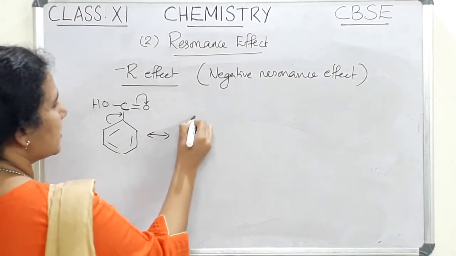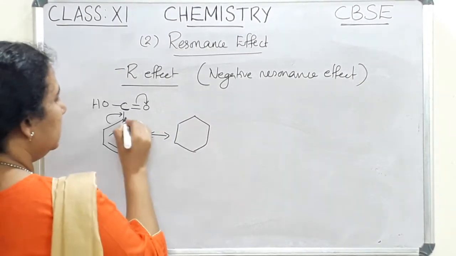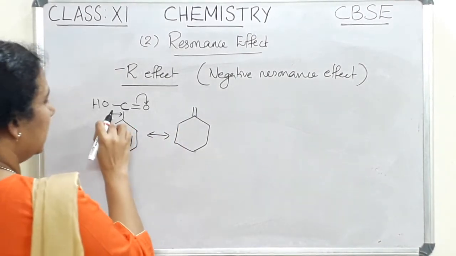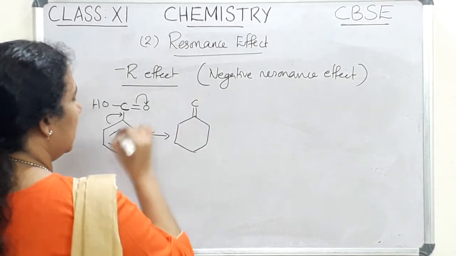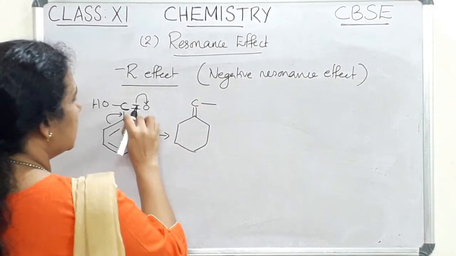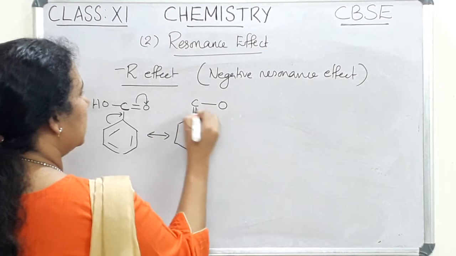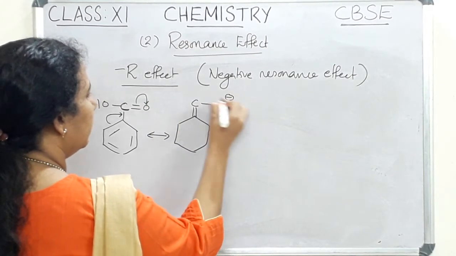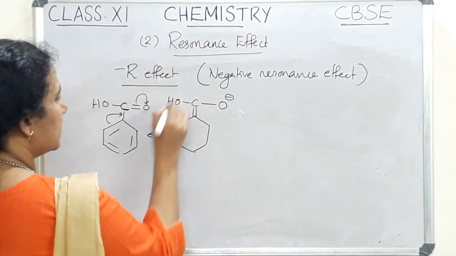So the first structure will be, here there is a double bond. Electrons are shifted from here to here, there is a double bond, and here there is a single bond and oxygen. Since electrons are shifted towards here, oxygen acquires a negative charge, and OH is the same.